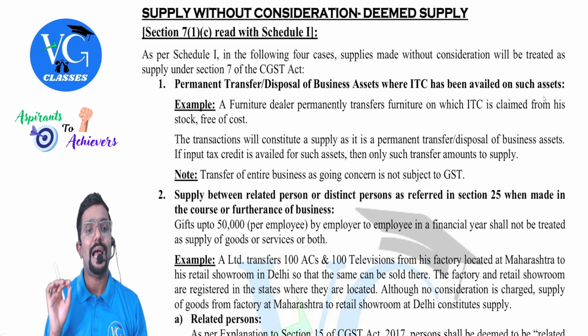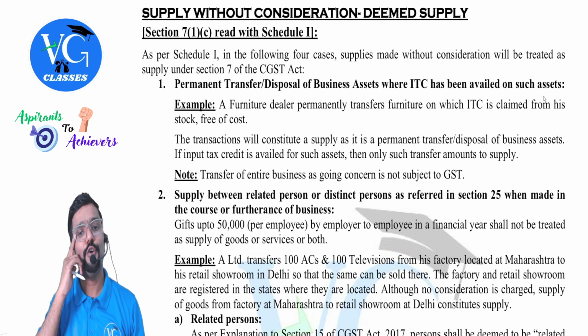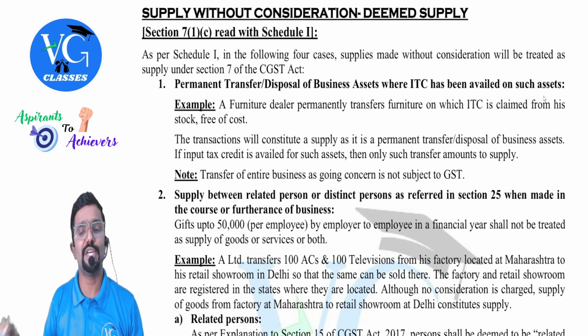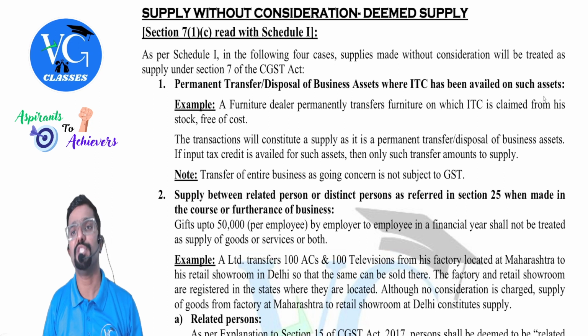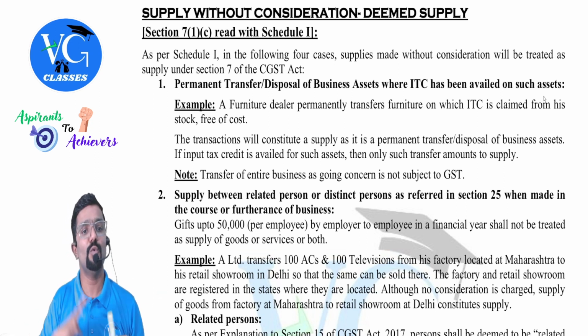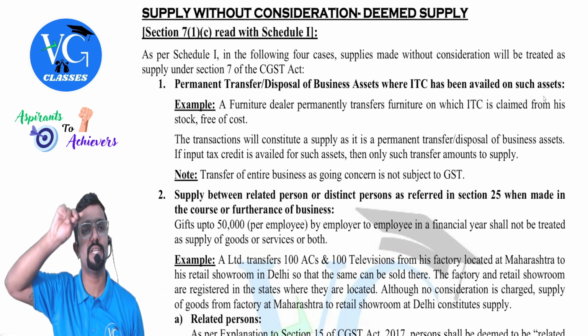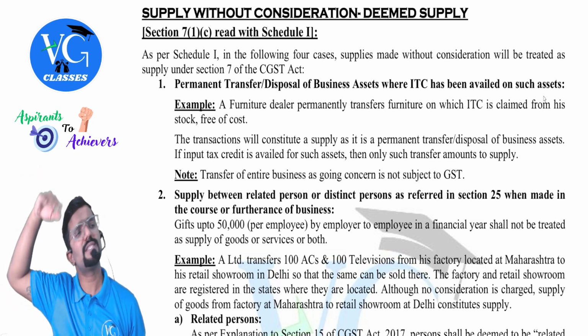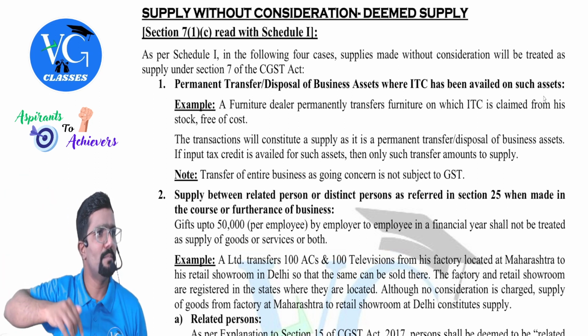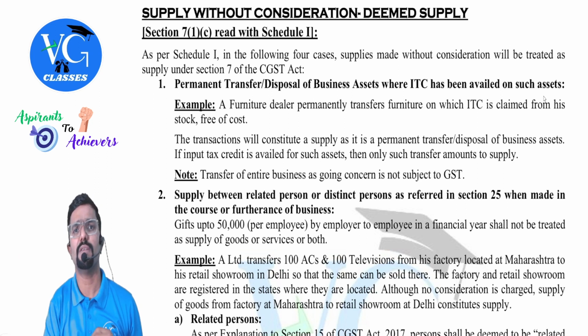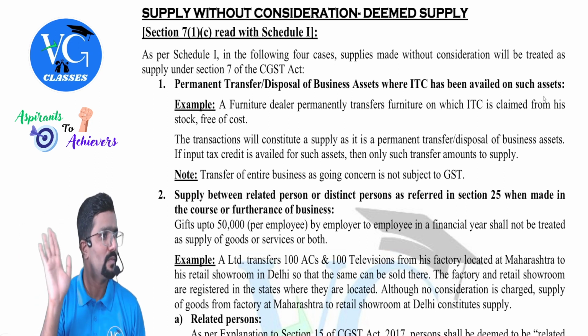Let us start. As per Schedule 1, in the following 4 cases, supplies made without consideration will be treated as supply as per Section 7 of the CGST Act. Guys, please be careful. Only these 4 activities without consideration is a supply. Sir, what if there is some other activity which is not covered here, but it is supplied without consideration, free? Is it a supply? No. Clear?